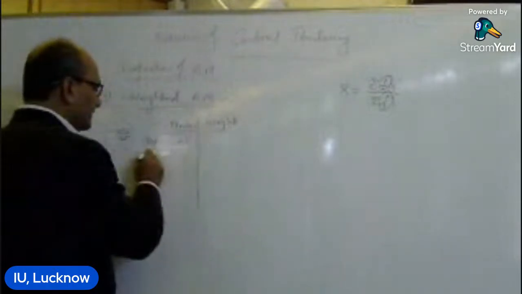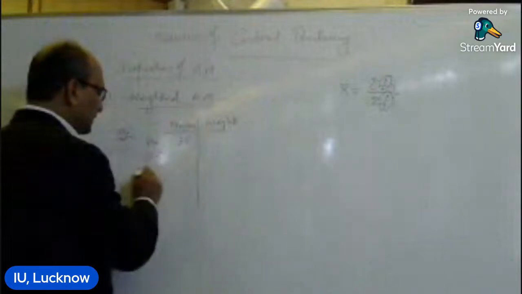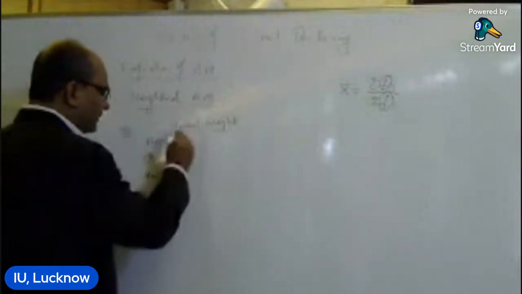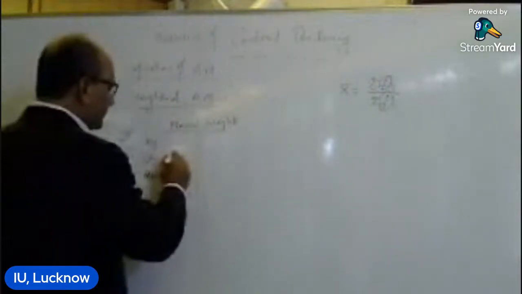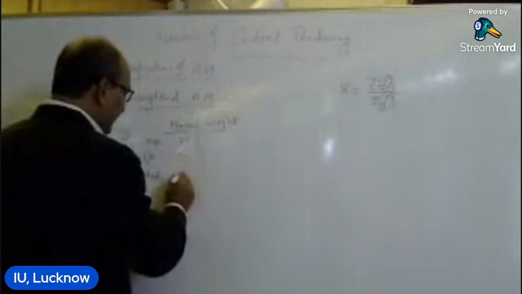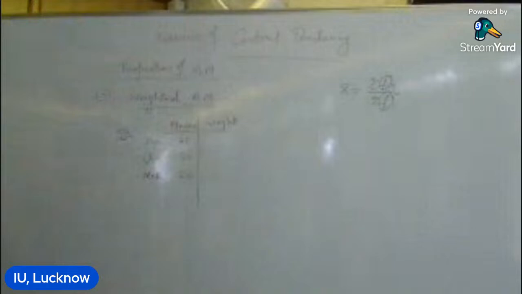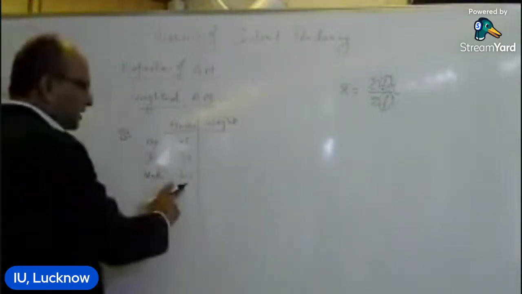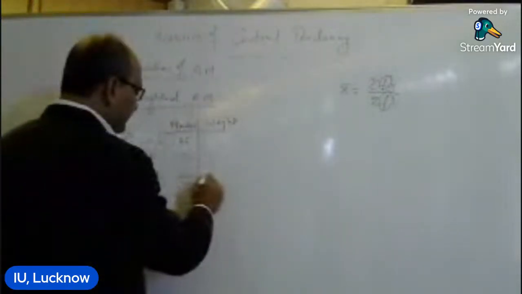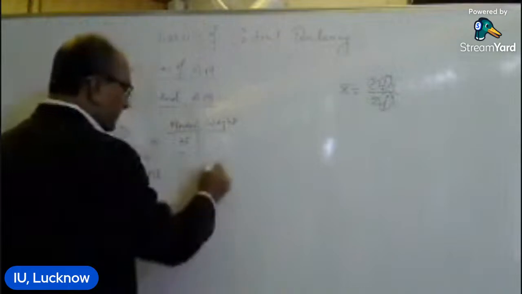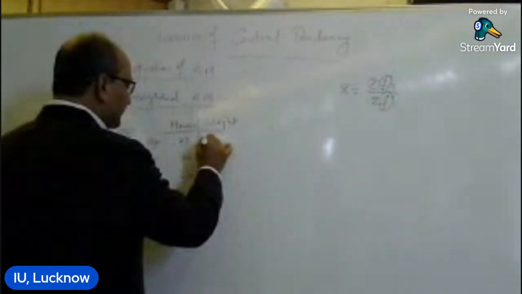This is chemistry and math. Physics marks is 25, chemistry 30, and mathematics is 20. Now there is weight. Mathematics is given 5. This is 2. This is 2.